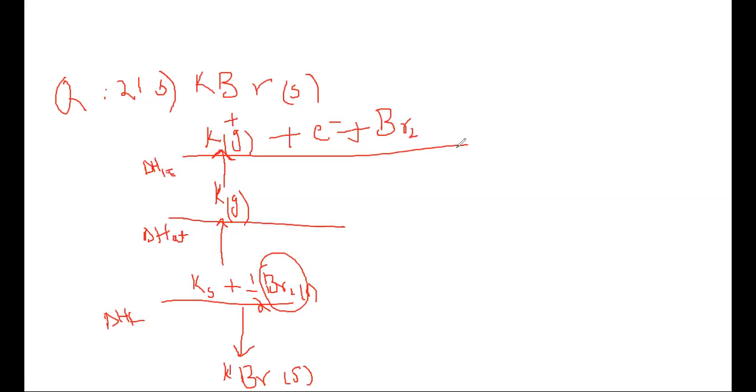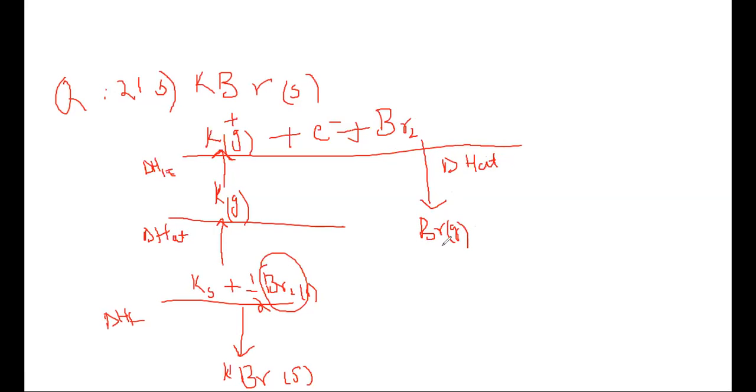First we have to convert it into its gaseous atom, so we need atomization energy, delta H AT, that is doing atomization. It will be changed into Br as a gaseous atom.